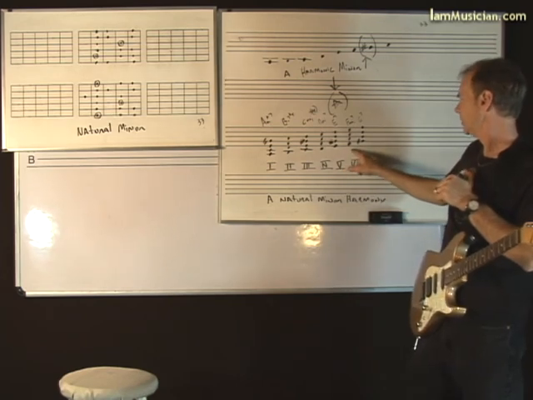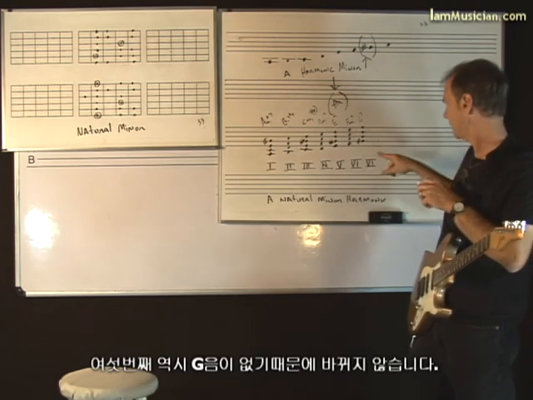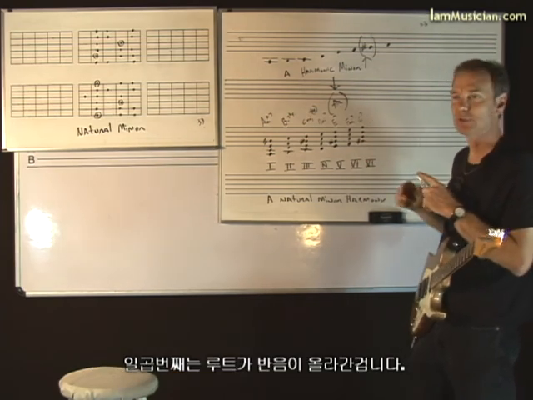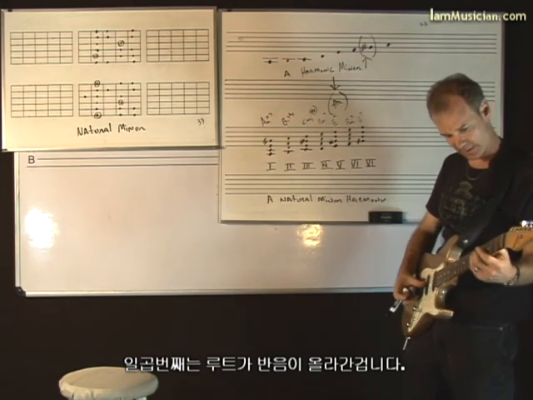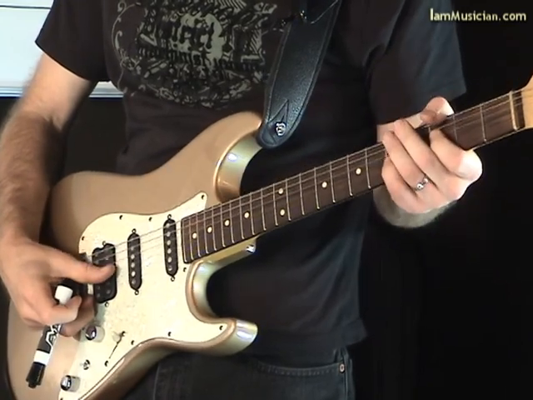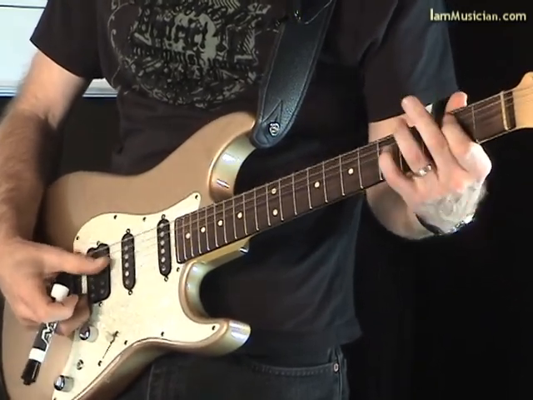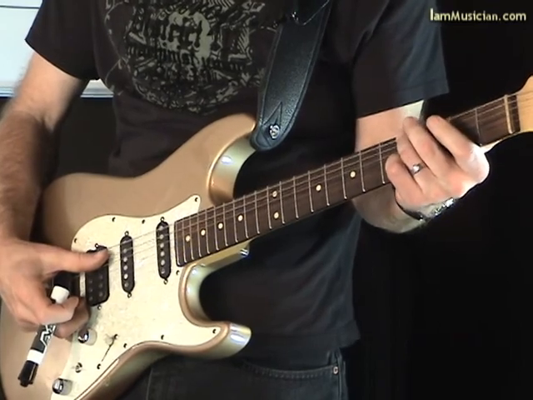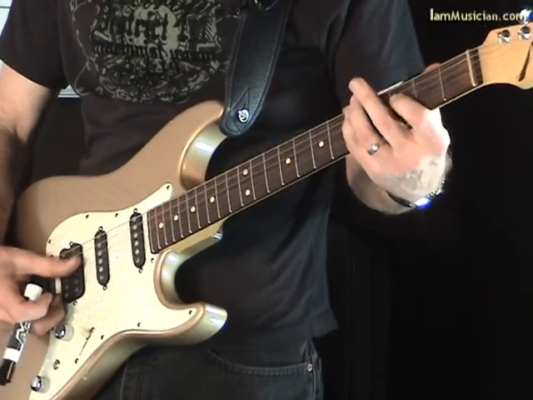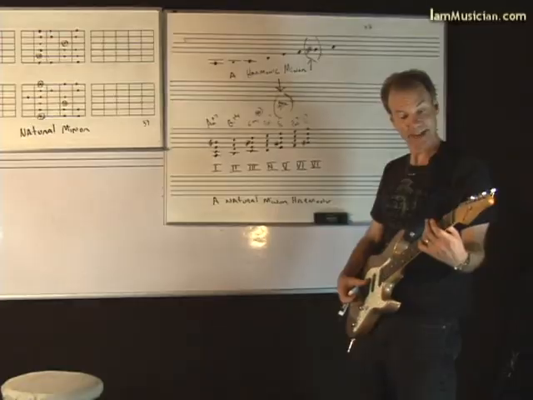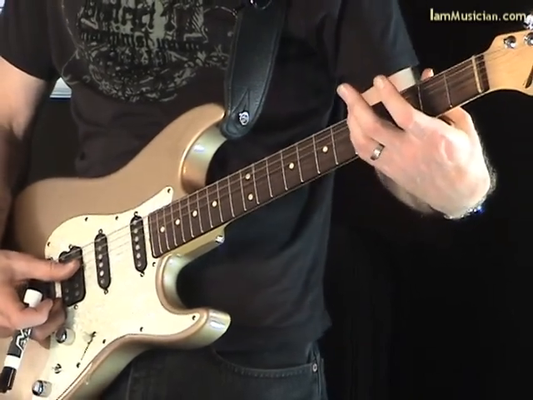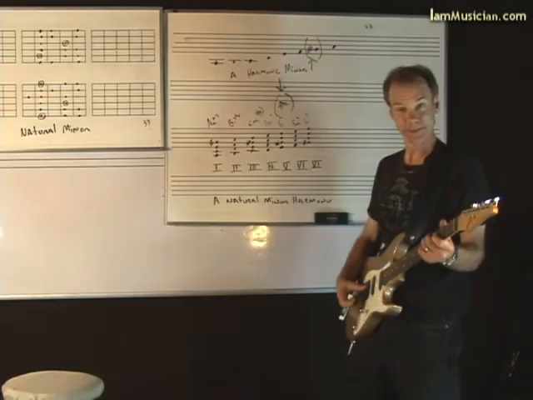Now the 6 chord once again won't be affected because it doesn't have a G in it, but when you get to the actual 7 chord where the G was in the bass, now it's going to be a G sharp in the bass, and that's going to make a big difference too, because instead of having this sound, right, 1 3 5 flat 7, now we have the root moved up a half step, and that's actually going to sound like a 1 flat third, flat 5, and that's called a double flat 7.